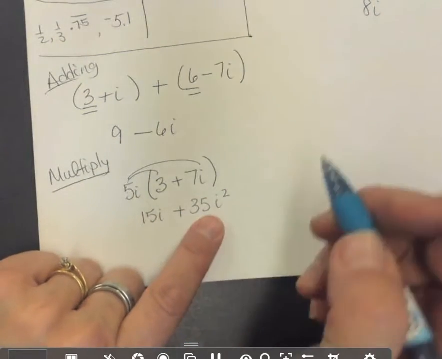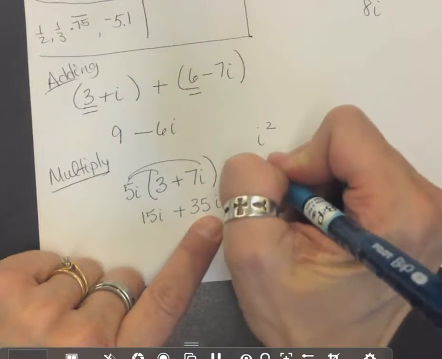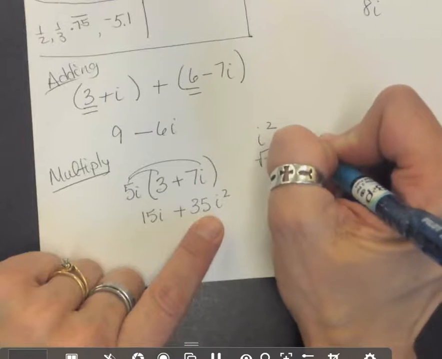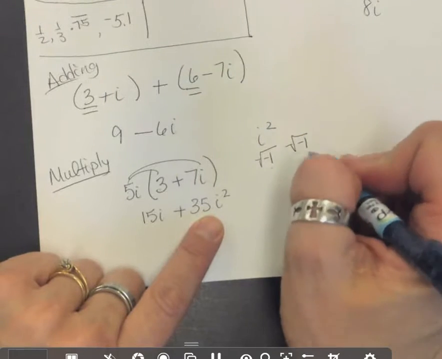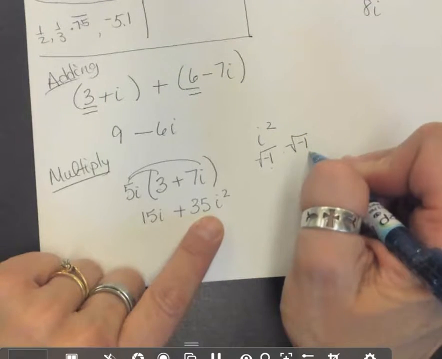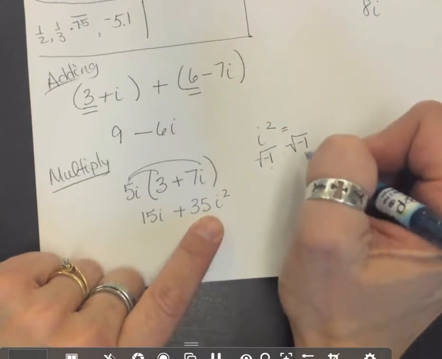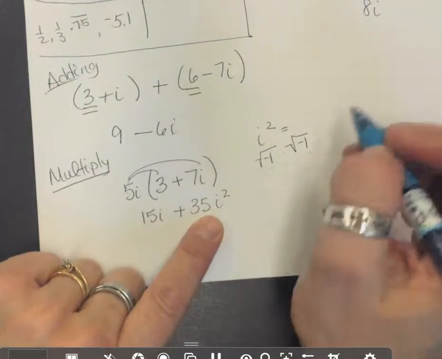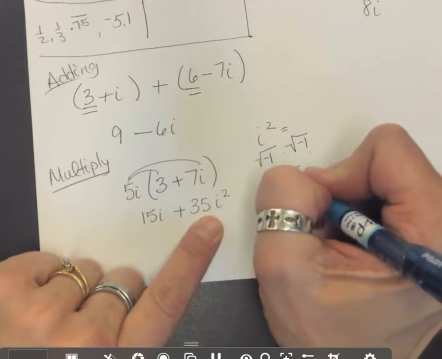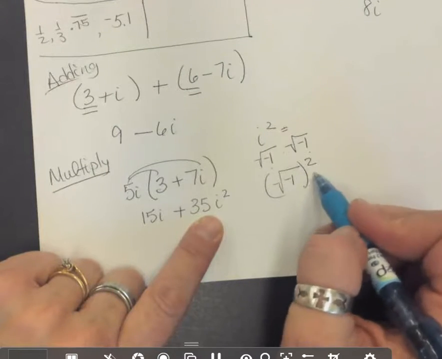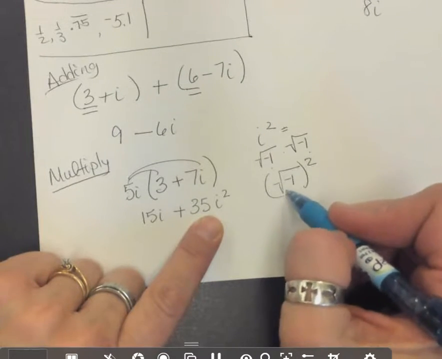Now, let's take a look at this i squared. i squared means the square root of negative 1 times the square root of negative 1. Negative 1 times negative 1 is positive 1. Actually, we have to look at it as the square root of negative 1, squared.